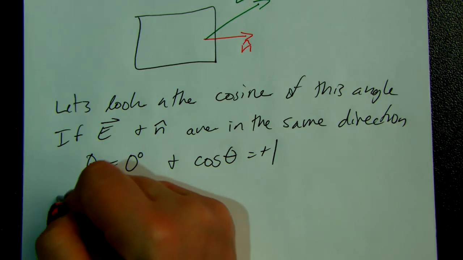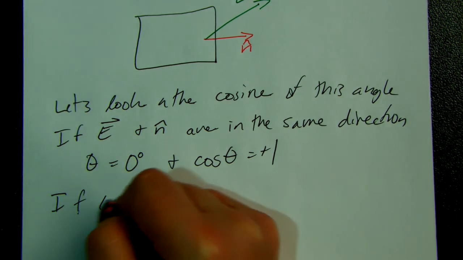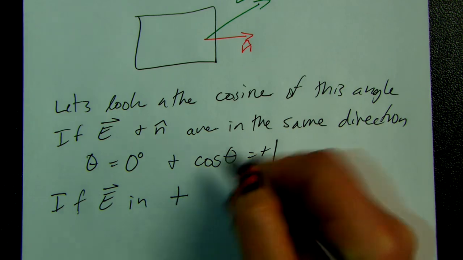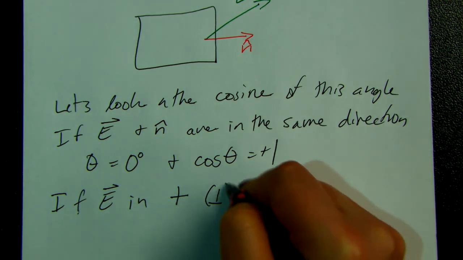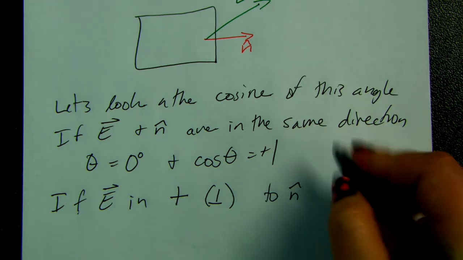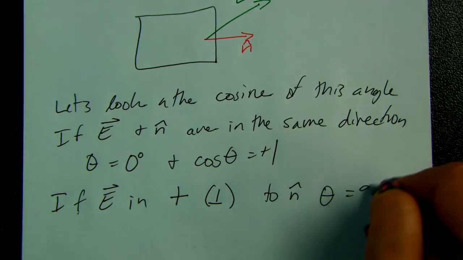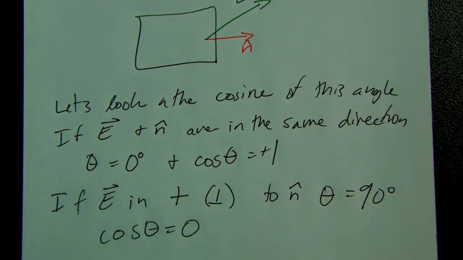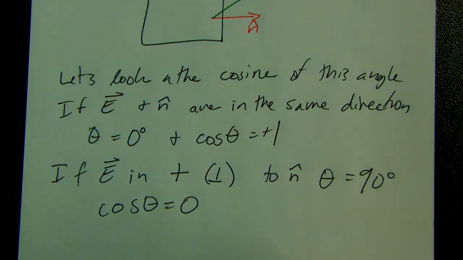And if the electric field is perpendicular to n hat, then theta is equal to 90 degrees, and cosine theta is equal to 0. So this would be parallel to the surface.